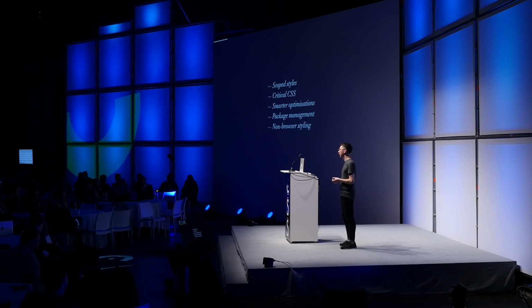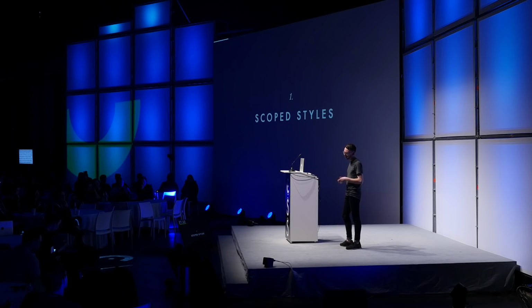There's more to it than this, but I think these are the practical benefits you get from taking on this approach. And even if you're not going to bring this into your own work, I think it'll help you get a sense of why people are doing something that seems maybe ridiculous from the outside. So we're going to look at scope styles, we're going to look at critical CSS, smarter optimizations, package management, and finally non-browser styling. So the first one is scope styles.